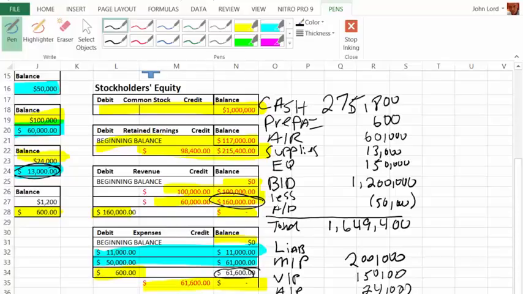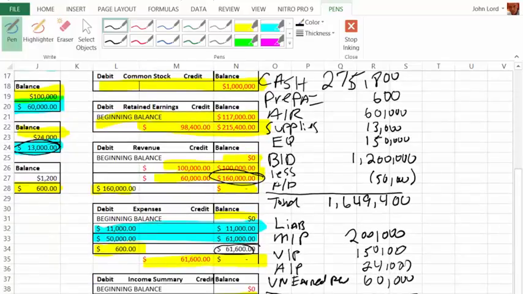434. Okay. And now we just got to get our stockholders' equity, don't we? Stockholders' equity is our common stock. Common stock is still $1 million, isn't it? Nothing's happened there, so that's still $1 million. And we already have determined that our retained earnings is what? 215,400.